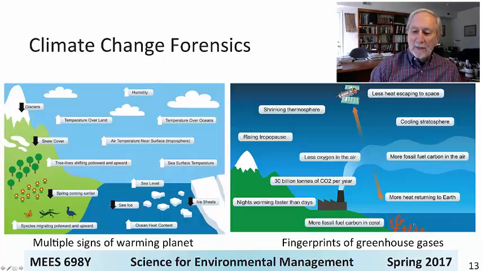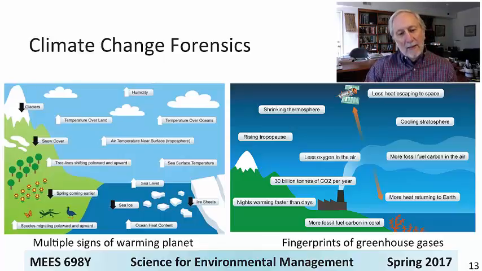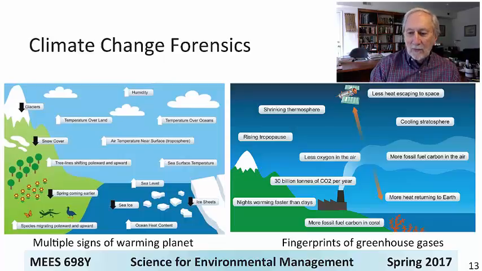Similar thing in terms of what we observe in the carbonates laid down in coral skeletons. We have, importantly, less heat escaping to space, so that at the top of the troposphere, the base of the stratosphere, we actually see cooling because of the greater insulating capability of the blanket of the atmosphere over the Earth.